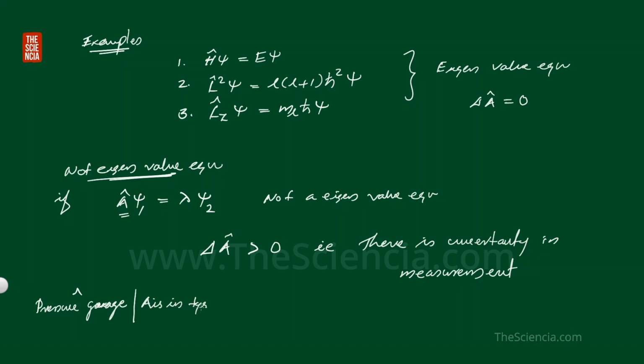We are going to measure the air pressure in a tire of some vehicle. How will this pressure gauge work? If we connect this pressure gauge to the tire, some air in the tire will enter the pressure gauge and the meter will show that pressure. So some air in the tire is leaked to the pressure gauge.